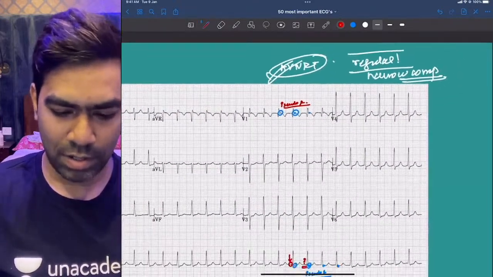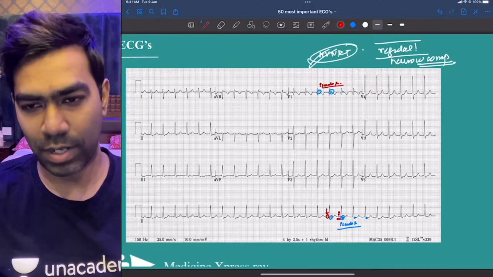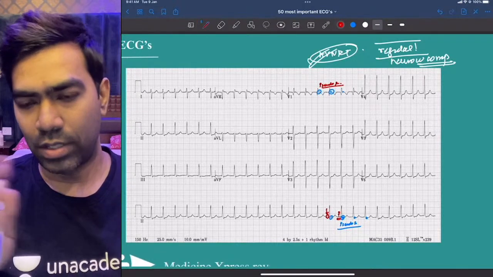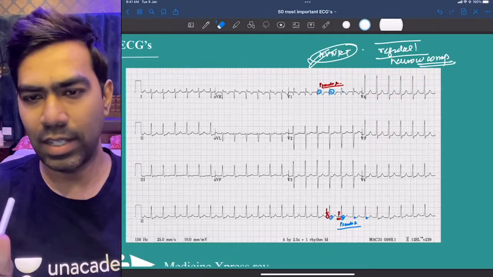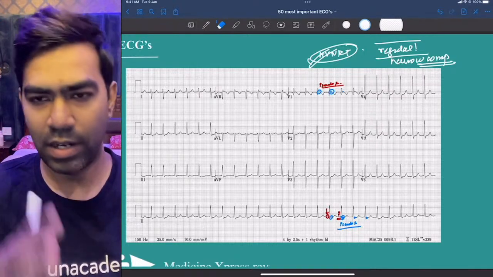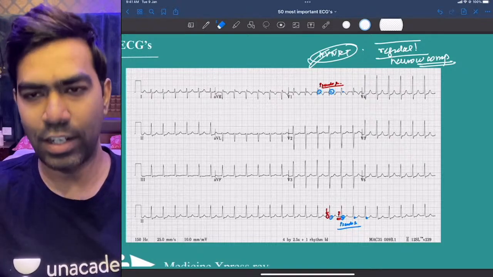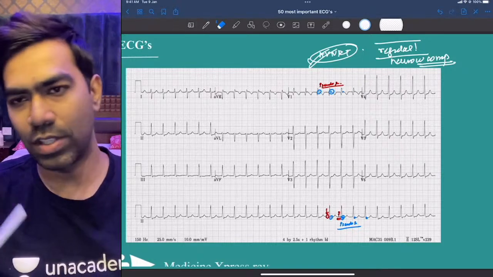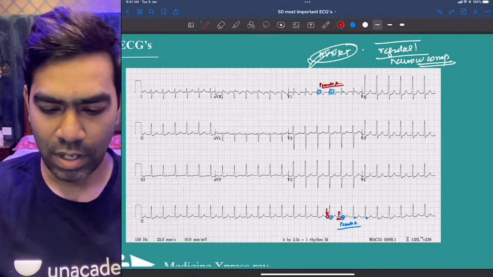So remember, it's very easy to find out: regular narrow complex tachycardia with no P waves at its usual location, but you might see P waves buried within the QRS complex, like pseudo S in lead 2 or pseudo R in lead V1, which is very much suggestive of AVNRT rather than AVRT with orthodromic conduction.